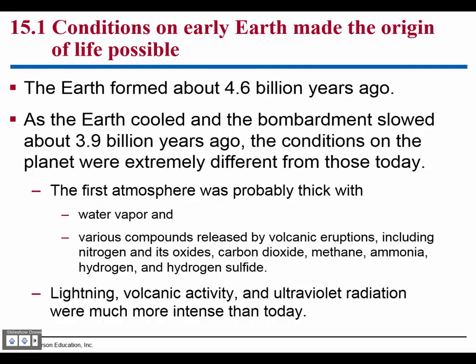Those conditions were very, very different than what we see today. So there's probably a lot of water vapor and a lot of different types of gases: carbon dioxide, nitrogen, methane, ammonia, because there are a lot of volcanic eruptions going on, right? A lot of lightning, a lot of electricity in the air. Ultraviolet radiation was really, really intense.